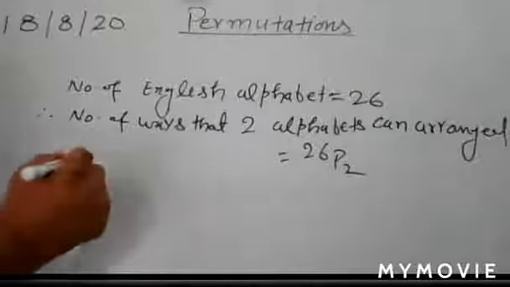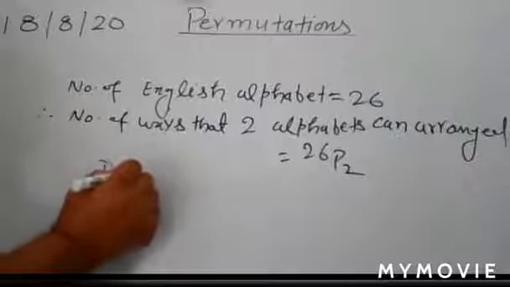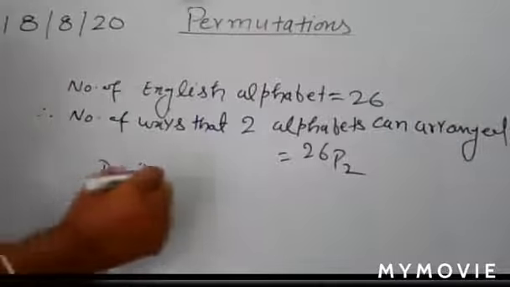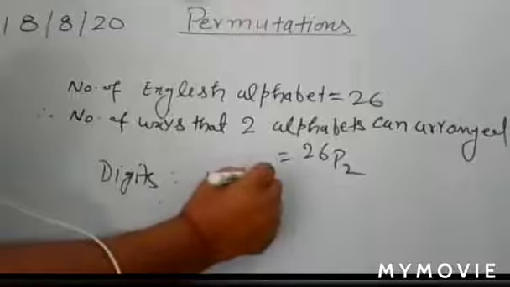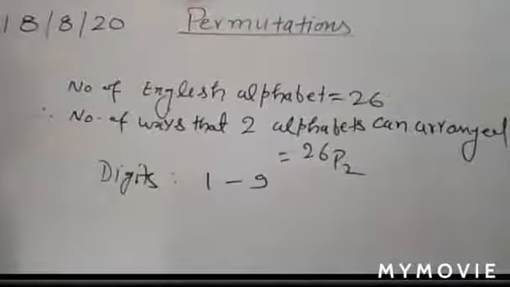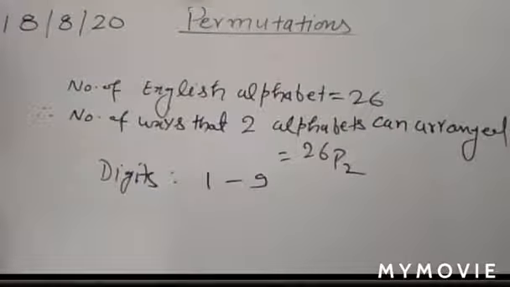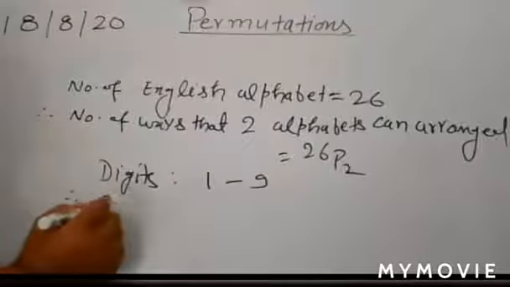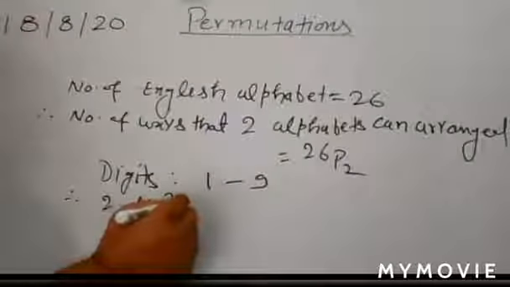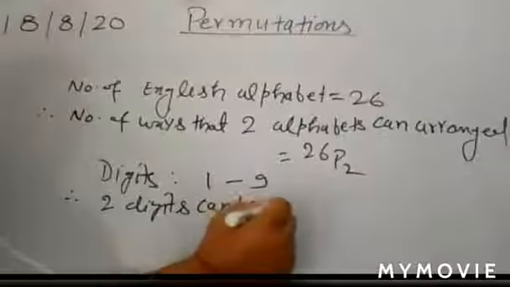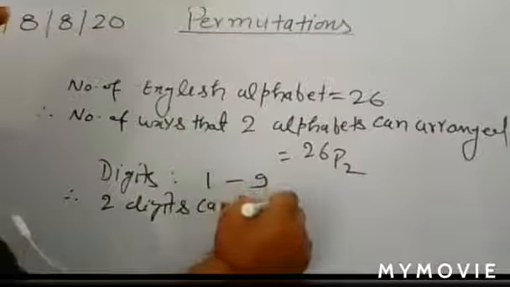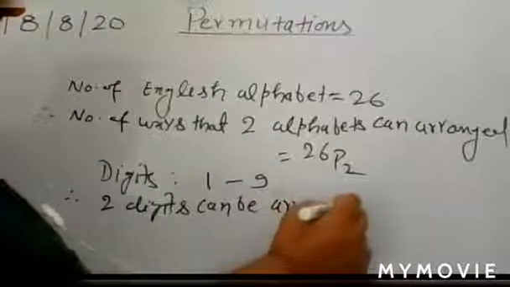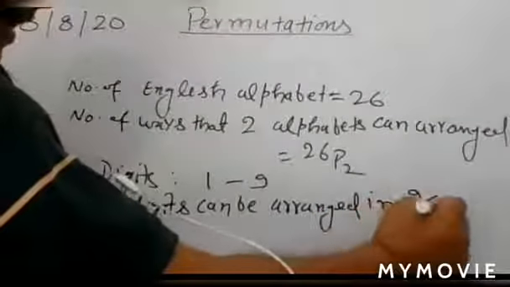Understand? And here you have digits. Two distinct digits are also selected from 1 to 9. Means 9 digits are there, and out of these 9 digits you have to take the arrangement of any two. So that can be done by 9P2. So you write, two digits can be arranged in 9P2 ways.